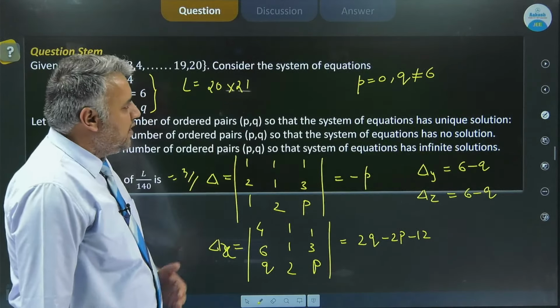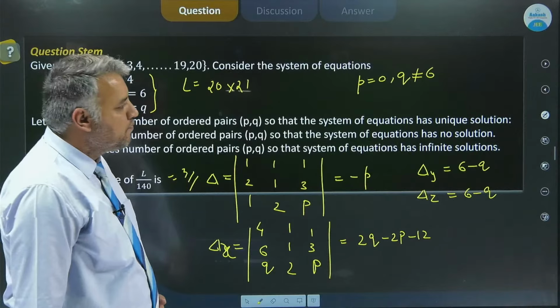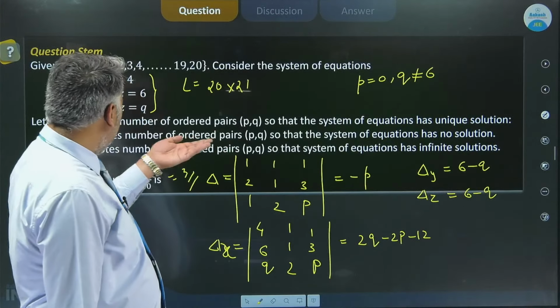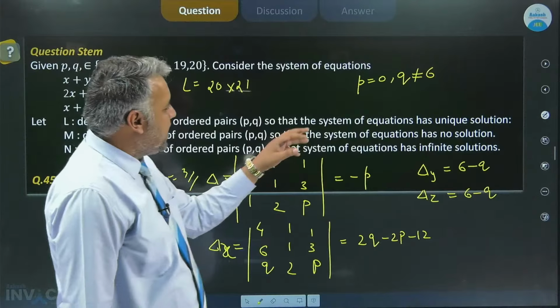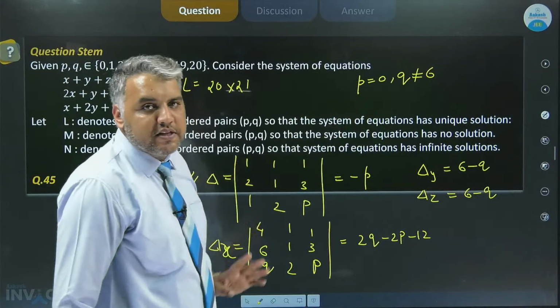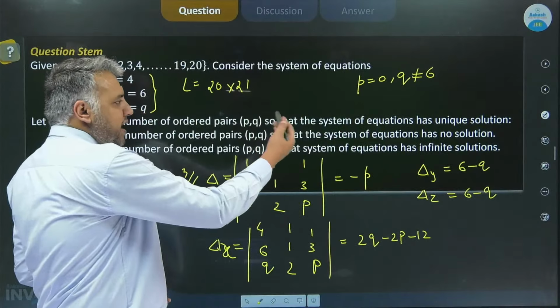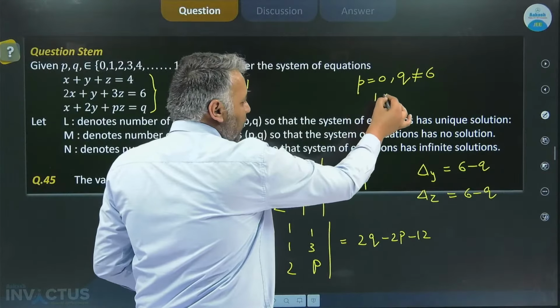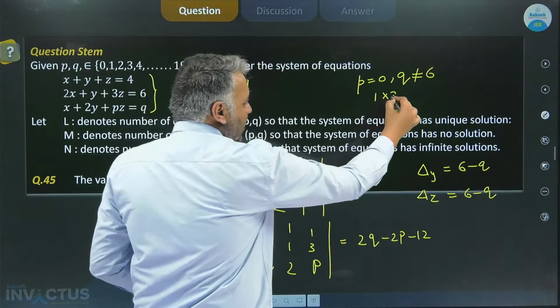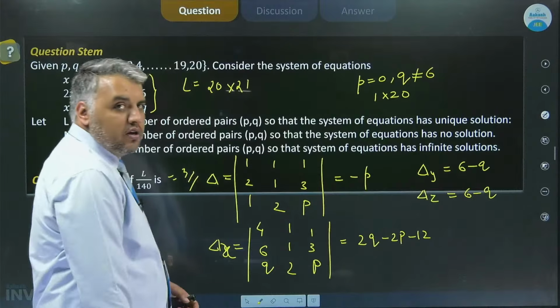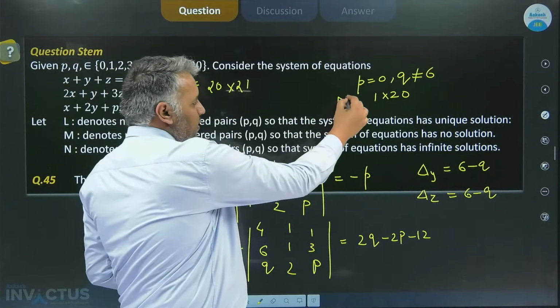So this equation will have no solution. So for the values of M, we are saying p must be 0 and q must not be 6. So for p we have only one choice, 0, and for q we have 20 choices other than 6. So M must be equal to 20.